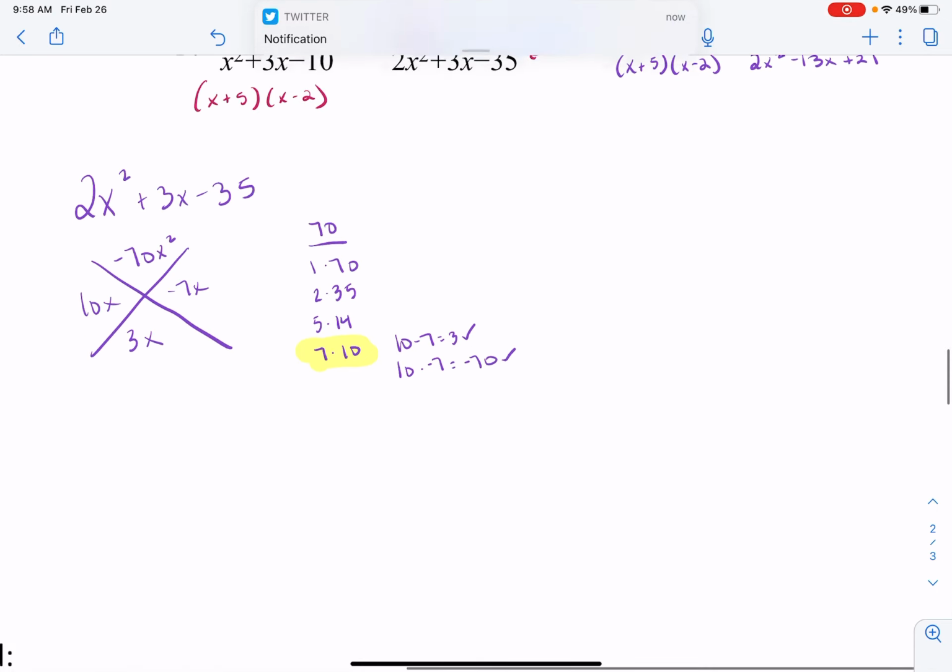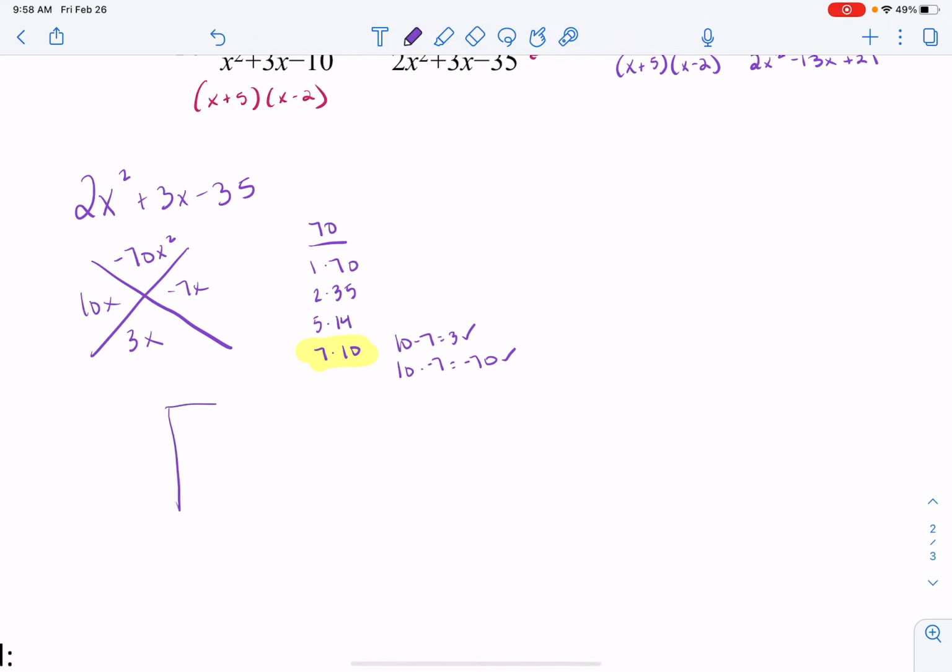So now let's go ahead and make our box. So we've got 2x squared and negative 35, and then we've got our 10x and negative 7x. So here, it looks like I can pull out an x. So 2x and negative 7. This is 5.